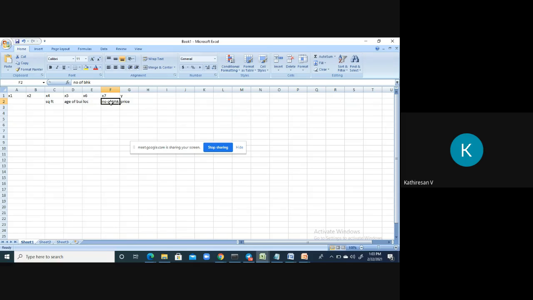If the house is this much square feet, you can say this is 2 BHK. If the house is this much square feet, you can say this is 3 BHK. Likewise, you can get some idea.